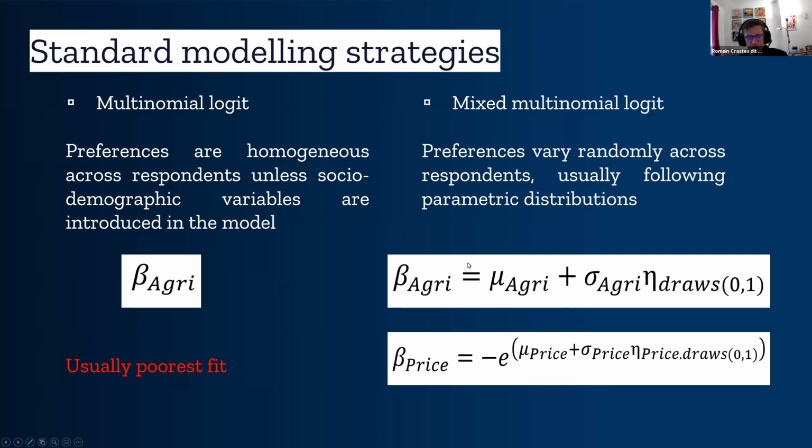So it's not just a point estimate anymore. This is a mean and a standard deviation multiplied by standard normal draws. That would give me a normal distribution, and I assume that the preferences of people in my sample are normally distributed for this attribute.